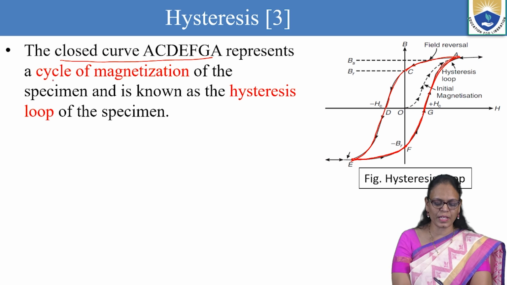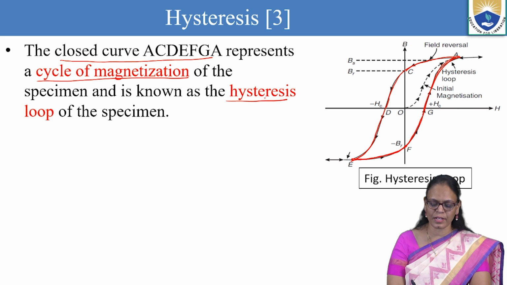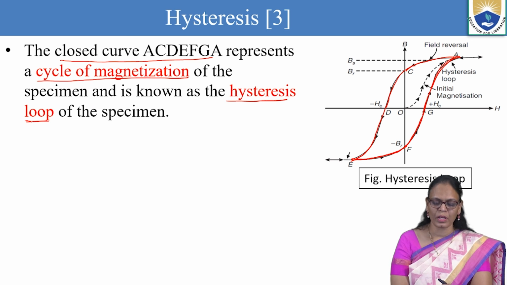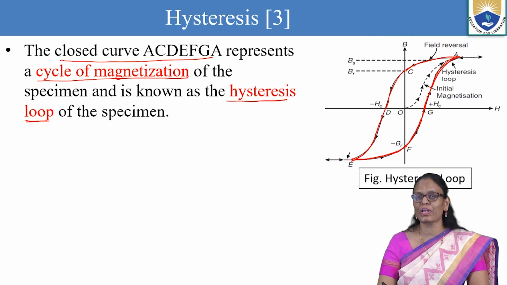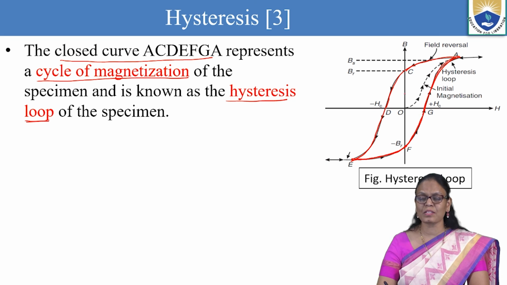This represents a complete cycle of magnetization, and this loop we call the hysteresis loop. This loop helps us to calculate the hysteresis loss, the loss in magnetizing the specimen.